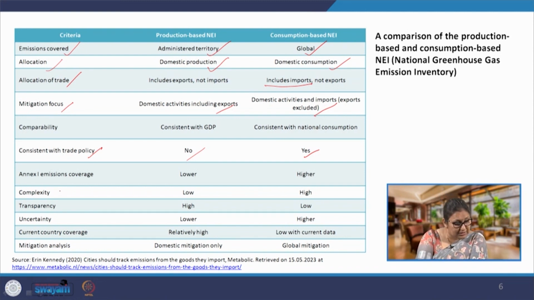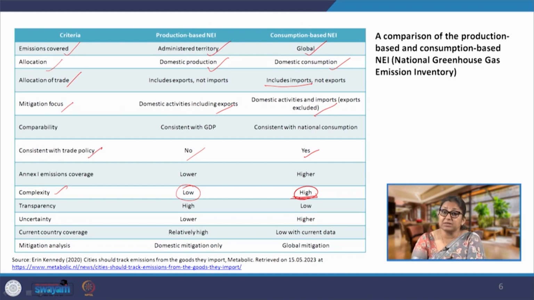Also, if we look at the complexity, production based has much lower complexity, and that is the reason it is often picked up, while for consumption based emissions the complexity is much higher, and that is the reason it is often discouraged from use.